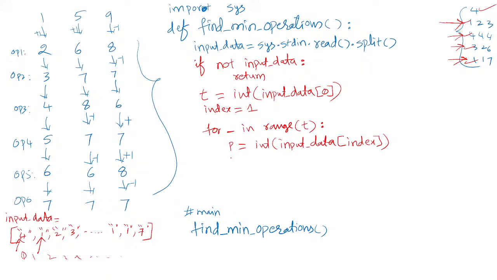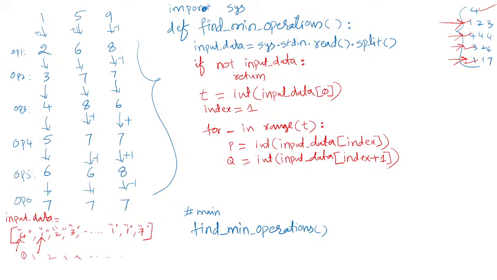Similarly, you get the Q value. You can use capital letters or small letters, whatever you want. Q is nothing but int of input_data of index plus 1, since it is available at index 2. Don't increment the index just now.